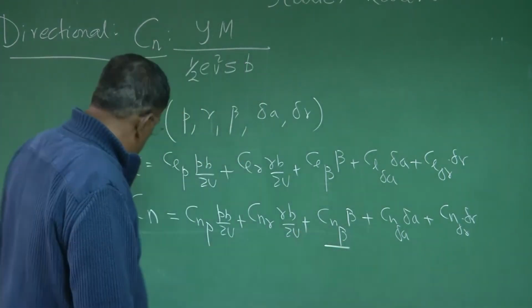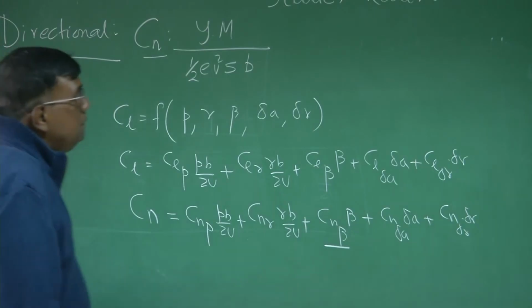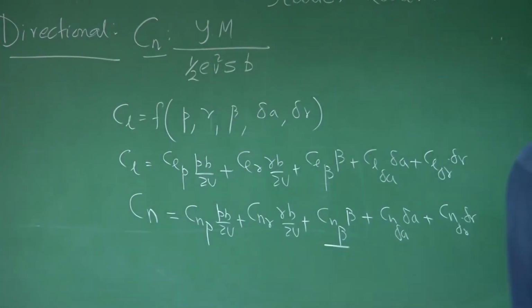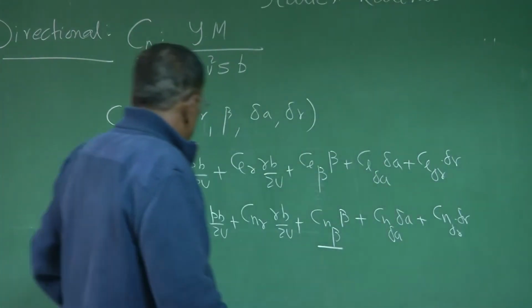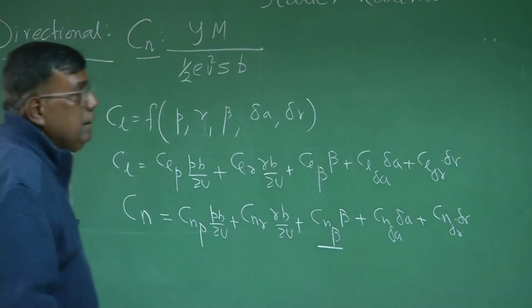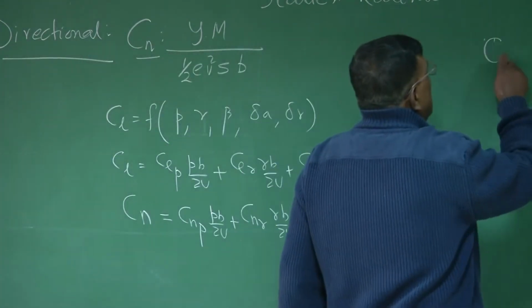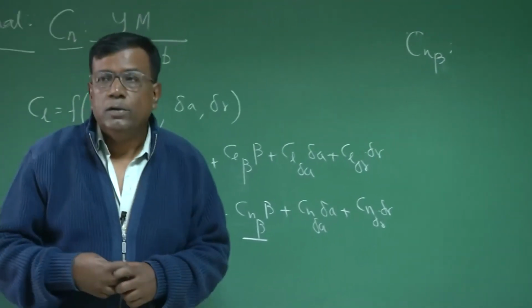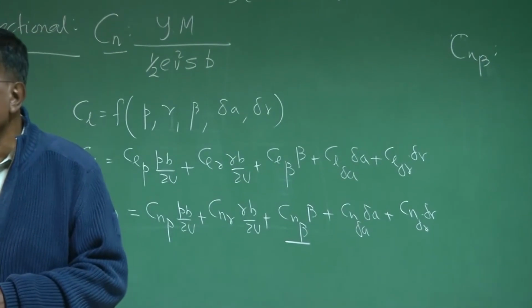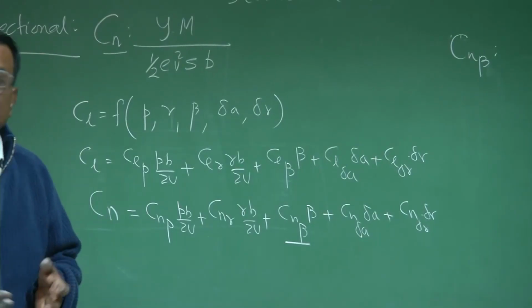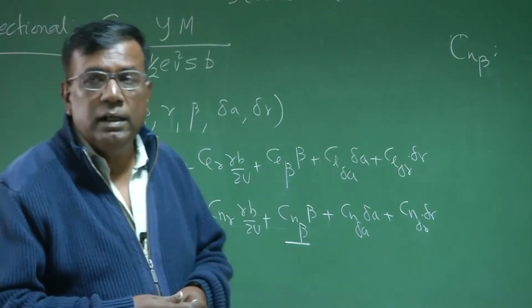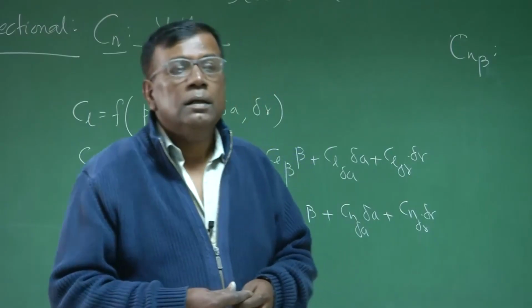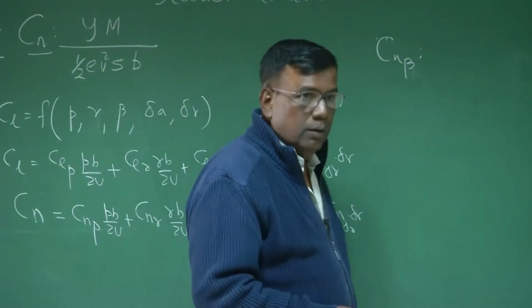What is Cn beta? Anything you associate more with Cn beta? For static stability in the longitudinal case, what was the condition? Cm alpha should be less than 0, right?